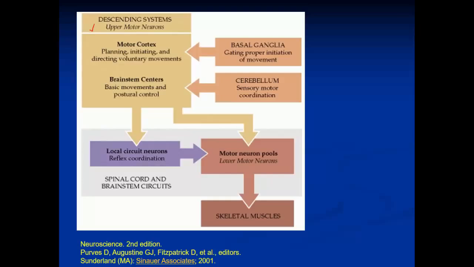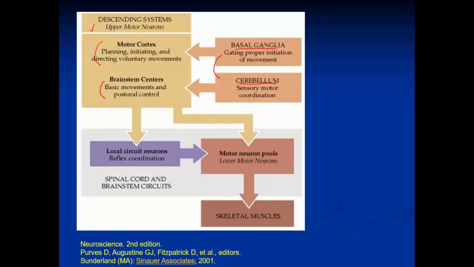We'll have motor cortex, where this starts, and then brainstem centers that are important for regulation of postural control. These are both going to be influenced by activity of, say, the basal ganglia and the cerebellum. Okay, so these systems are going to influence activity here.